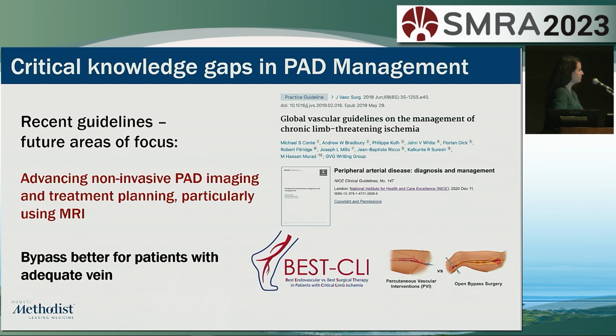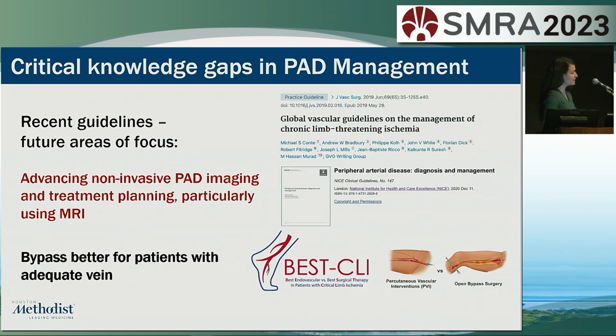So MRI still remains an under-recognized method in the diagnosis of PAD. However, it shows immense promise in addressing critical knowledge gaps for effective treatment planning. Both the Global Vascular Guidelines of the Society of Vascular Surgery and the NICA guidelines for chronically limb-threatening ischemia patients underscore the urgency of advancing non-invasive PAD imaging, particularly using MRI.